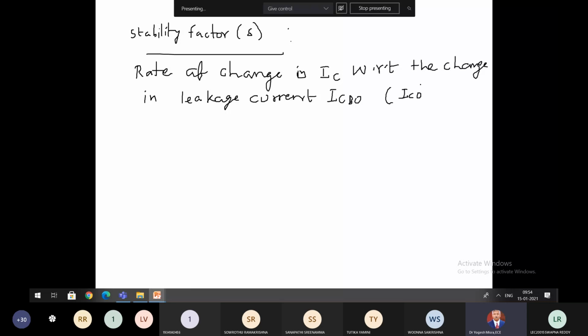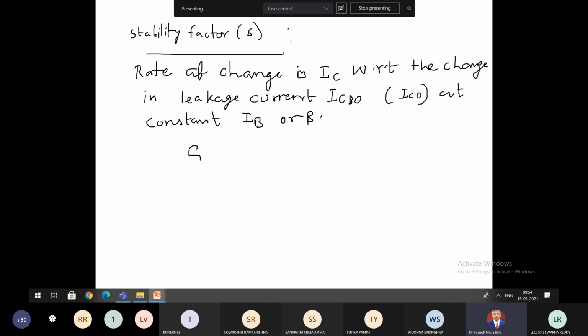Leakage current is written as ICO, at constant IB or beta.